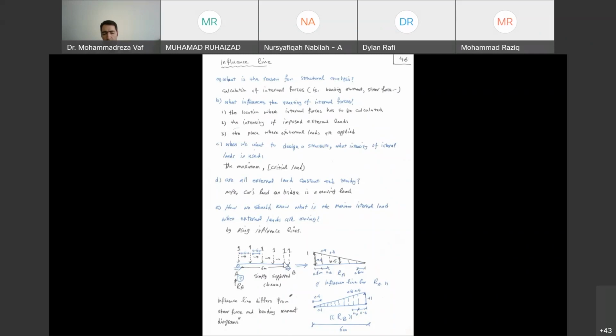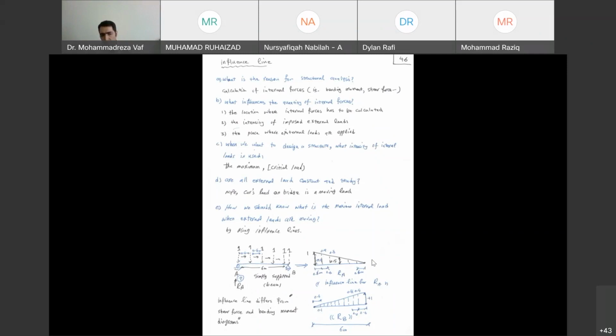And vice versa, we did the same calculation for point B. We saw that the value is going to change from 0 to 1. So these changes are the value of the support reaction as the load passed from A to point B. So it was very easy to do this calculation for support reaction at point A and point B. We just change the location of the load and calculate how much is RA.